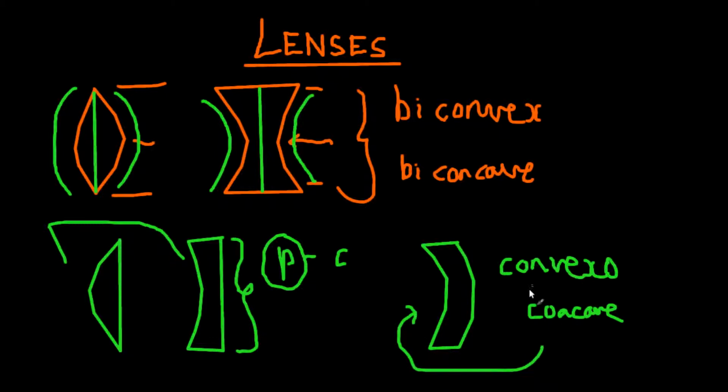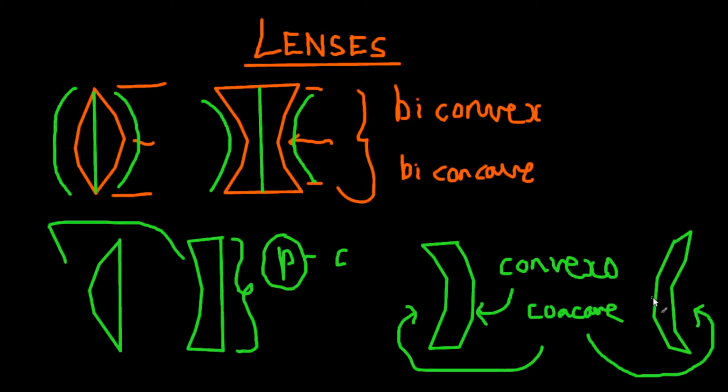Convexo, since it comes first, is on the right. And same way you have the opposite, which is concavo-convex, and concave is on the right, convex is on the left. Looks something like this. It's not a very good representation of it, but I think you know what I'm trying to say. So concave here comes on the right-hand side, since it's concavo-convex, and the convex will come on the left. So that's the best way to remember it, but you're not really asked much of this. It's just something that you should know.